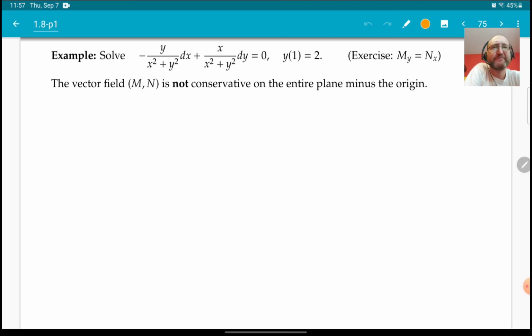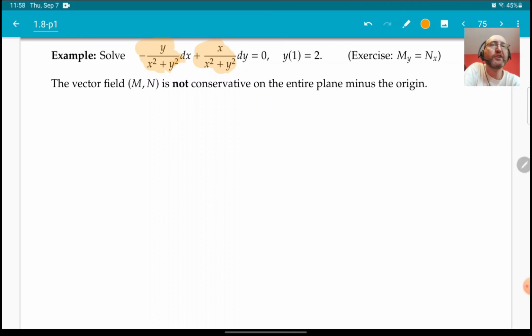But here the example is this vector field, and it's a vector field that you may have seen. This is the vortex vector field. It's not conservative in the entire plane minus the origin. As long as you take the entire plane minus the origin, you're not going to find an f that's defined.